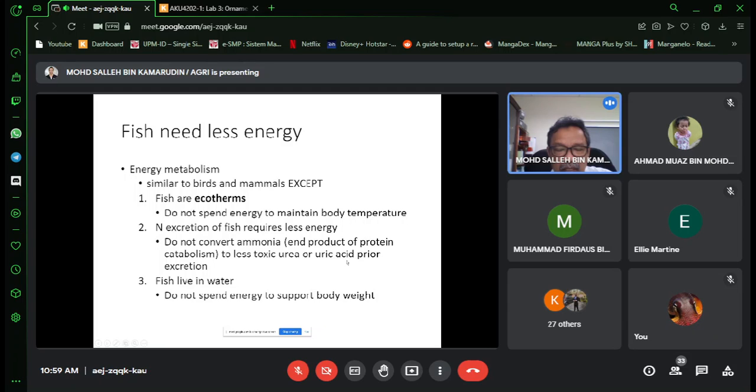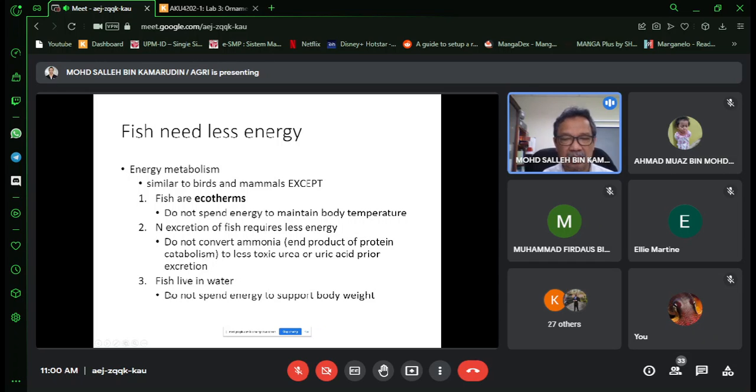Kalau urea dengan uric acid ni dalam human, dia tukar ke situ lagi, so we will produce more energy, and then ammonia biasanya diriliskan ke air. That's why kalau you pelihara ikan, you have to take care of your water quality, because the ammonia biasanya bertambah bila berlaku kecekapan dari segi penggunaan nitrogen daripada makanan ikan.